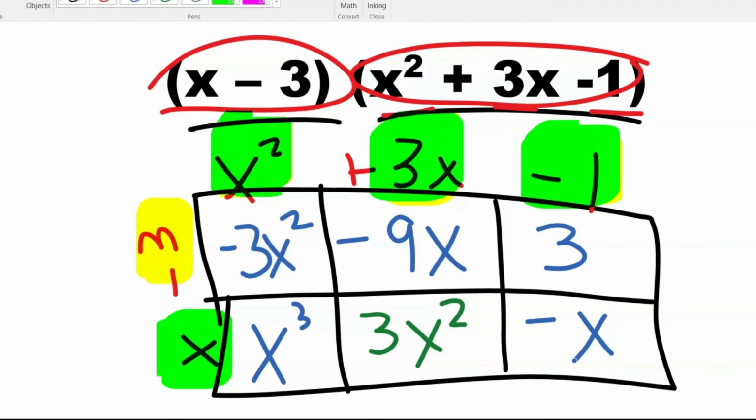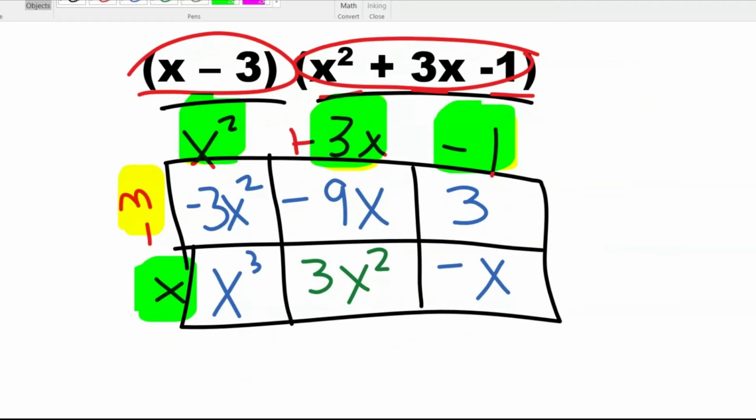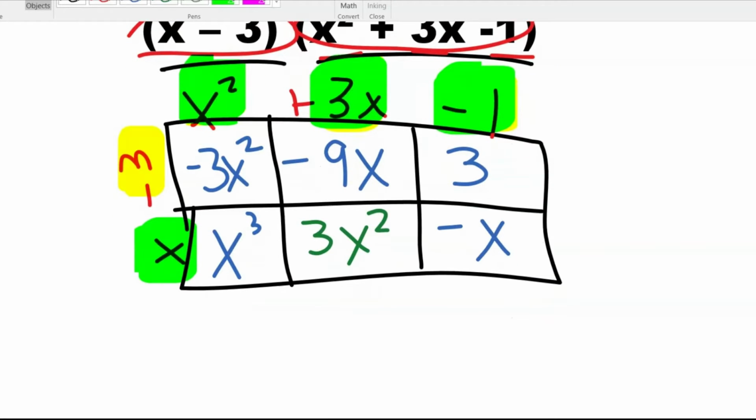Okay, and now, like we did before, we were checking for like terms. I'm going to do the same thing here. I'm going to see if there are any like terms in any of these boxes that can be added together. Okay, for example, I've got negative 3x squared. Are there any other terms that are x squared? And yes, there are. There's an x squared term right here. Those are like terms.